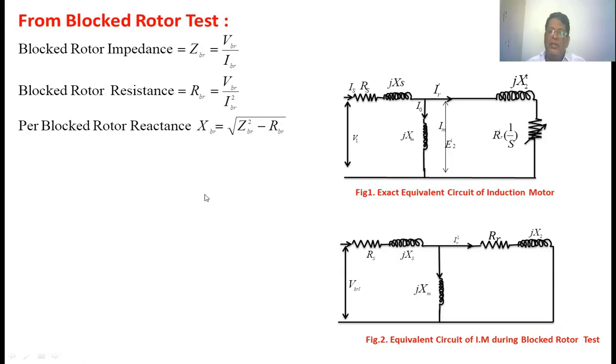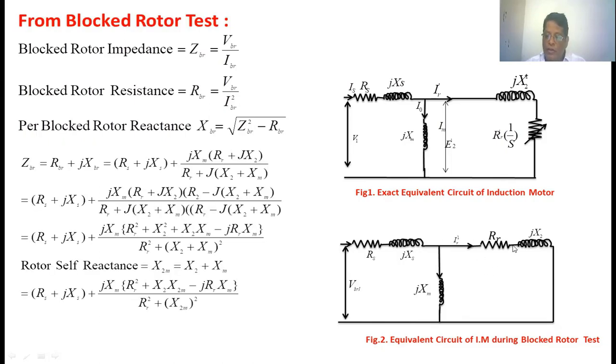So from the readings, we know the resistance value as well as the reactance value of the induction motor during the block rotor test. Now these two values we are equating to the real part and the reactive part of the impedance of the circuit.